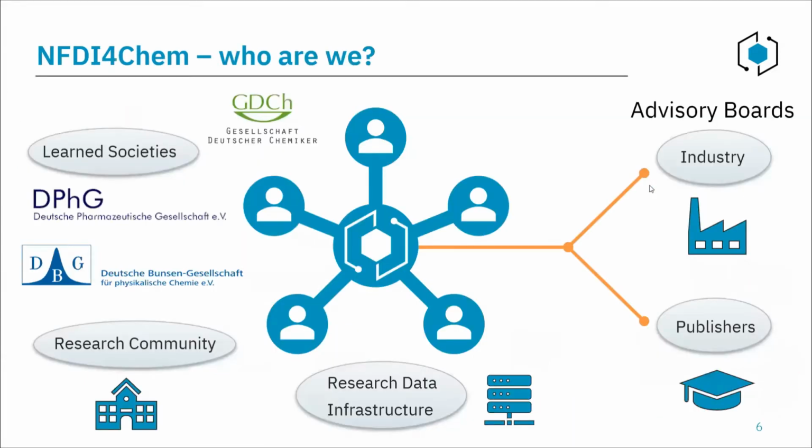So who are we? NFDI4Chem is very much a by the community for the community project. So we have active data producers, researchers within the consortium. We're excited to have learned societies on board, such as the German Chemical Society, the Pharmaceutical Society, and then also the Bunsen Society, and then also institutions from research data infrastructure.